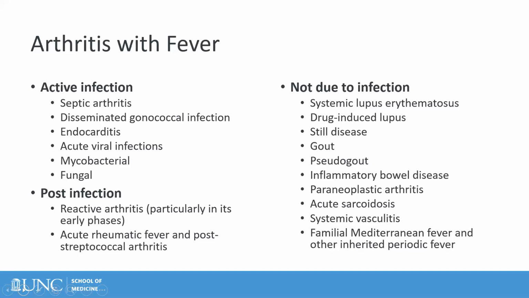After we ruled out all of that, we ultimately decided she had Still's disease and finally got her on appropriate therapy, and her fevers have now completely resolved. But it was 3 or 4 hospitalizations and a lot of very careful consideration until we ruled out all the infections that might have been responsible for her fever.